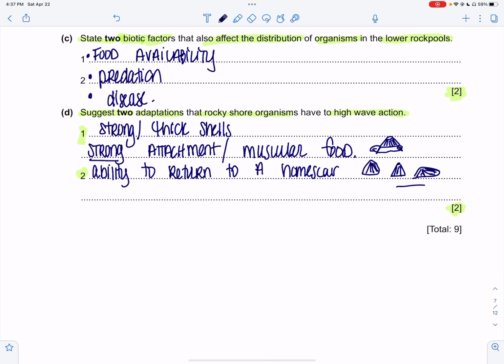And then a home scar is like an indentation that they can make over time in a rock. And they know where they go back to. Like they go back to their home scar on top of it. And in class, we did a graph on the distance they moved, I believe. No, it was a percentage.